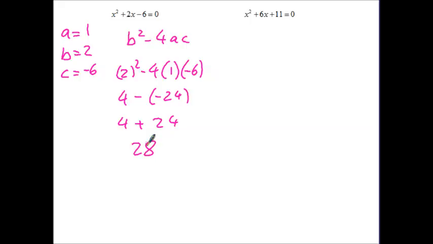28 is a positive number, and it's not a perfect square. Therefore, we have two real irrational roots. And the fact that they're irrational also means that we could not have come up with that answer with methods just like factoring.